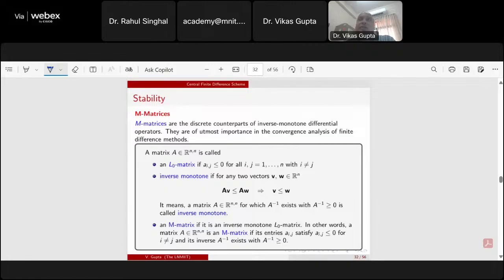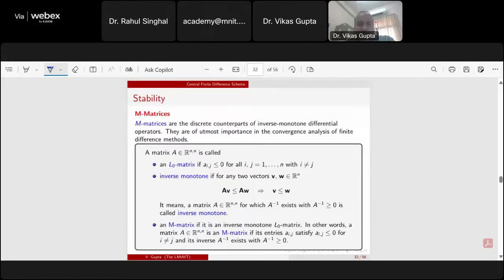For the continuous operator, the differential operator L satisfies the continuous minimum principle or continuous maximum principle or continuous comparison principle. So if the continuous operator L satisfies the continuous comparison principle, we say that the continuous operator is inverse monotone.